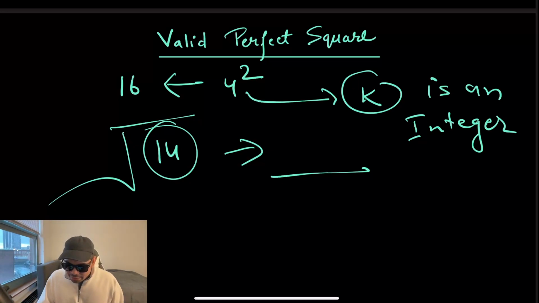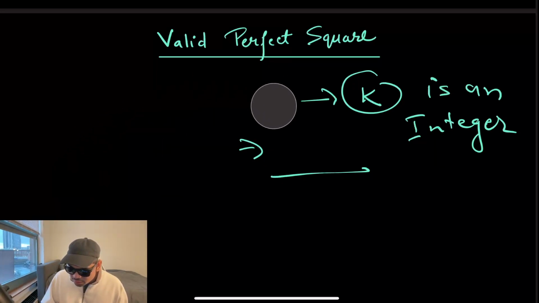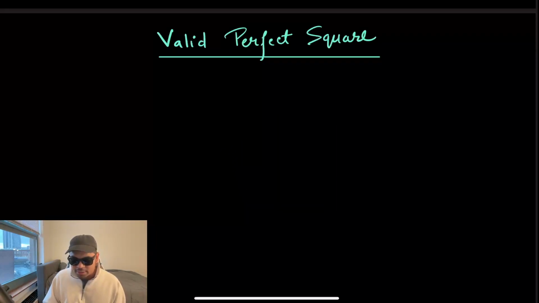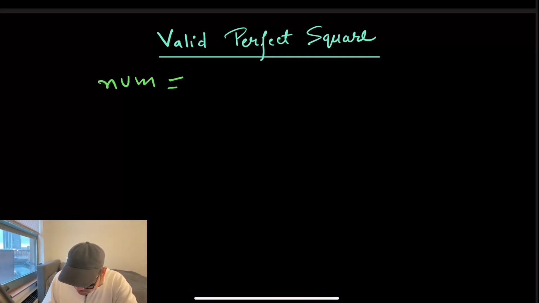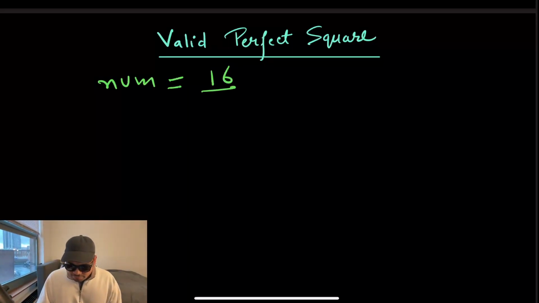So how are we going to find out if something is a perfect square? Now we understand that, so let's use that knowledge to find out if our given num is a perfect square. Let's say our given num is 16. That means it's basically the square root of 16.